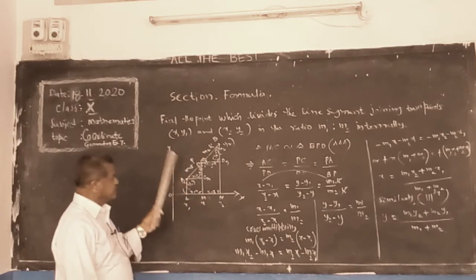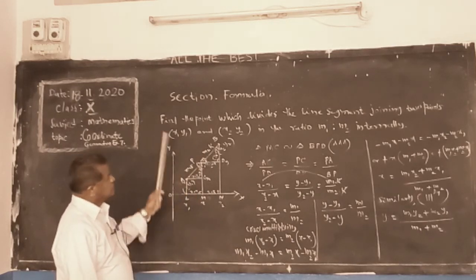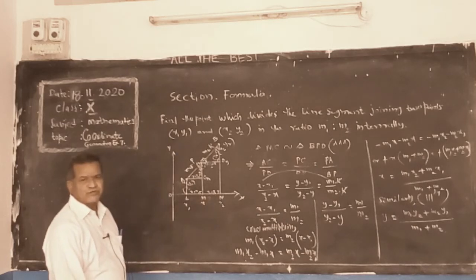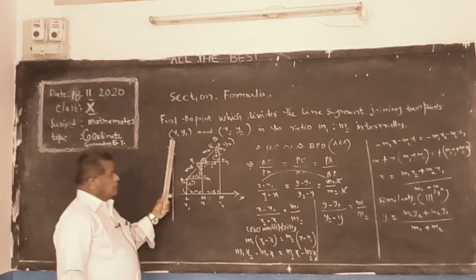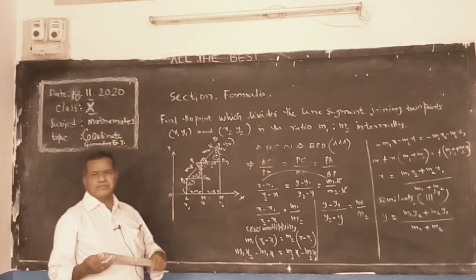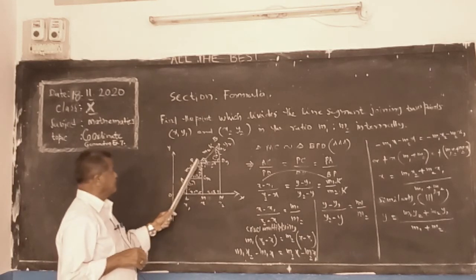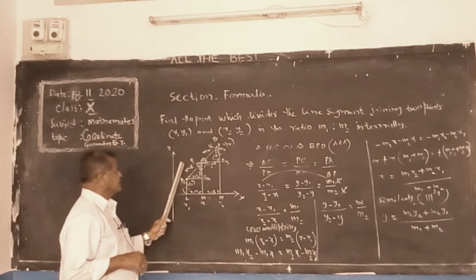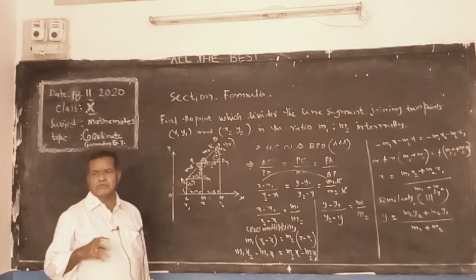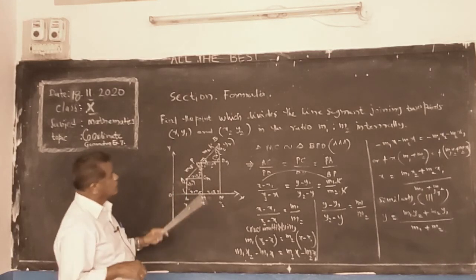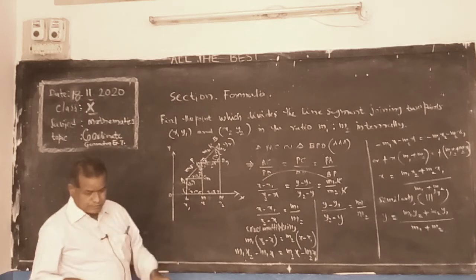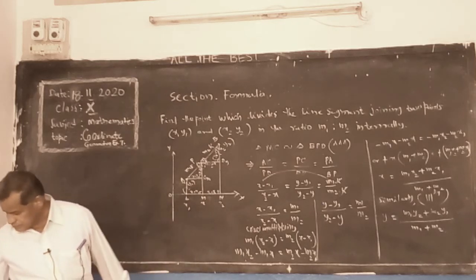It is divided internally. So this is the method of finding the point which divides the line. The point P is dividing the line in the given ratio m1 is to m2. So this is the formula.